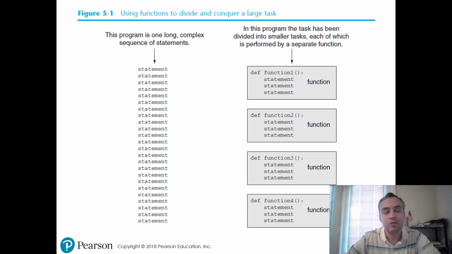So compare these two programs. One is a long sequence of statements and another is a sequence of functions, each of which performs a few statements. This is much more readable and, more importantly, much easier to debug.